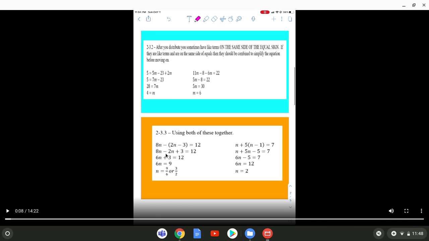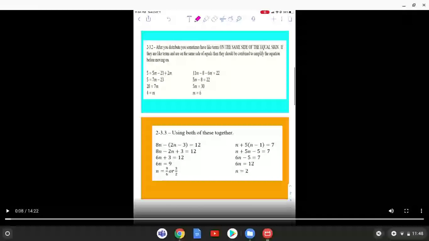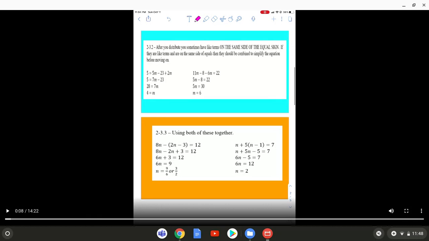So now I've got 8n minus 2n plus 3 equals 12. So 8n minus 2n gives me 6n, and I have 6n plus 3 equals 12. I'm going to subtract 3 on both sides to undo that addition, and I'm going to get that 6n is equal to 9.